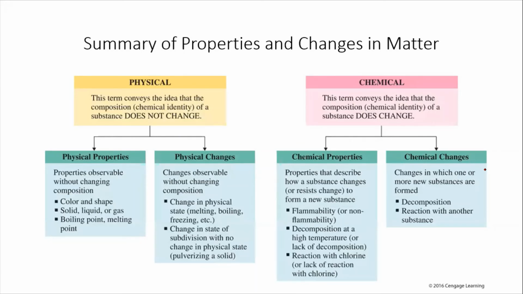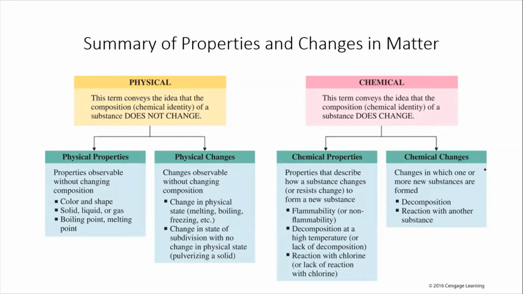So here's a quick summary. This image is also in your textbook of the properties and changes in matter. So we have physical. This term conveys the idea that the composition, the chemical identity of a substance does not change. You have physical properties, properties that are observable without changing the composition, like color, shape, the phase, melting point, boiling point, etc. And you have physical changes, and these are the changes that are observable without changing composition.